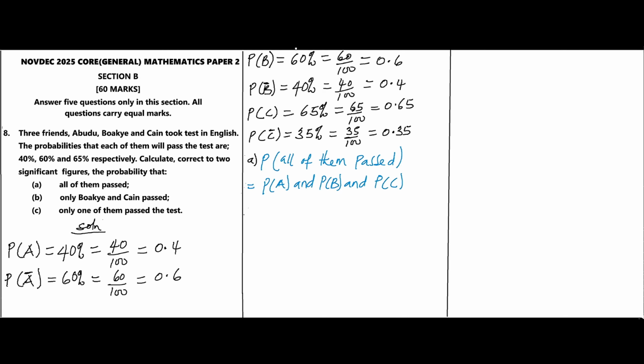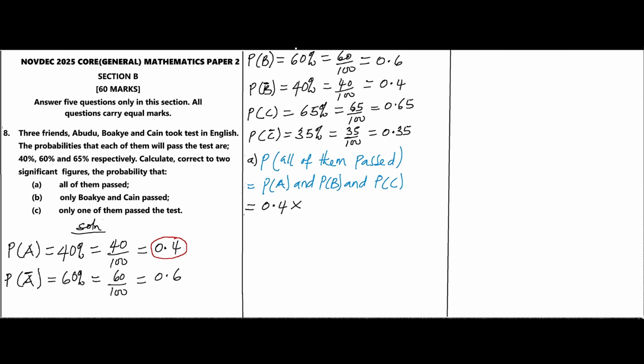So let's do the substitution. The probability that Abudu will pass the test in terms of decimal, we have 0.4. In probability language, the word "and" denotes multiplication.